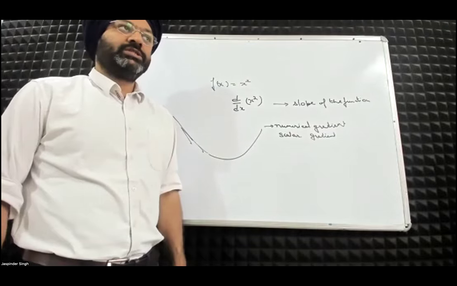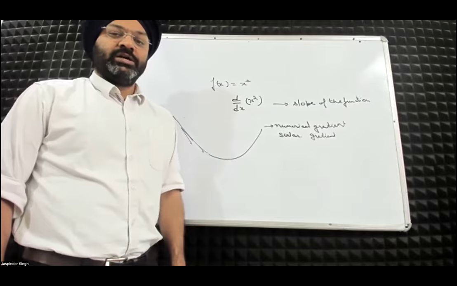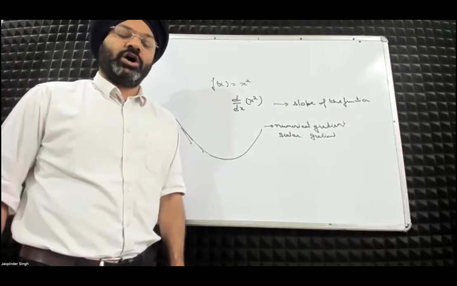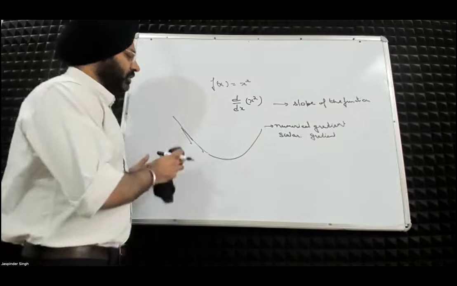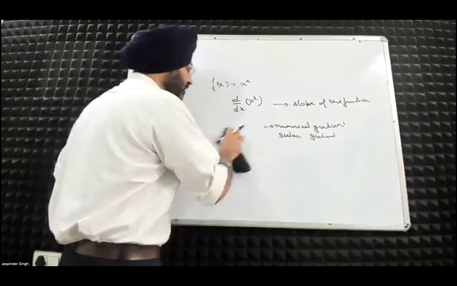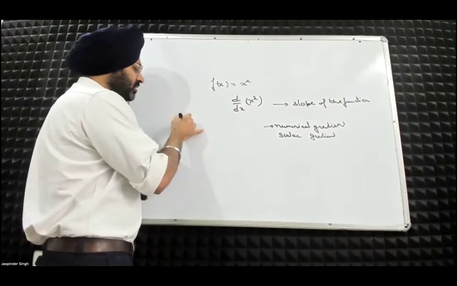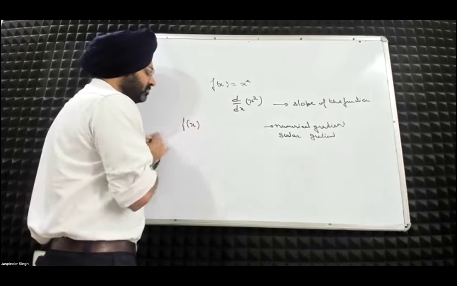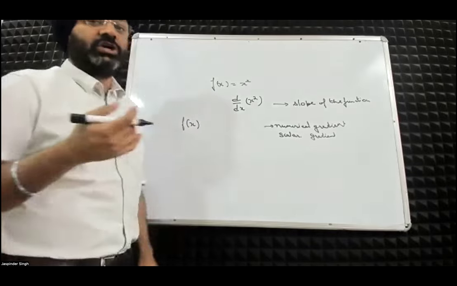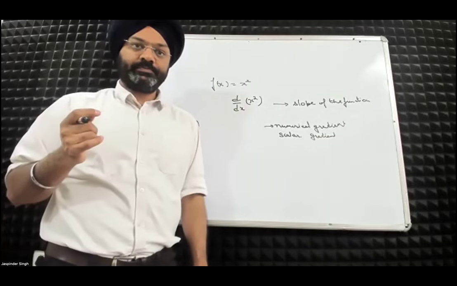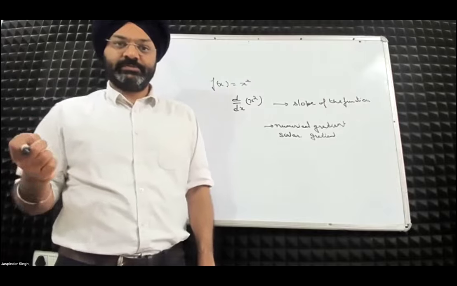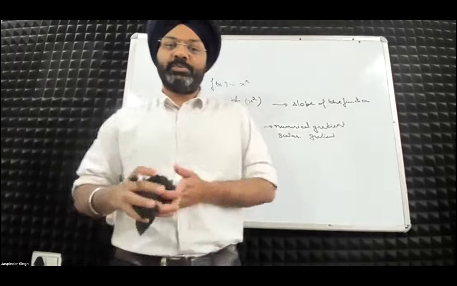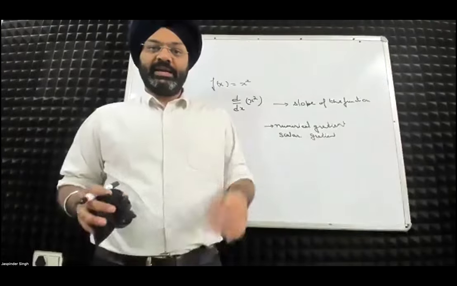If you're taking notes, gradient is nothing but the first order differential of our function. If I want to take the first order differential of a function f(x), then how can I do it? Remember, it represents the slope geometrically.